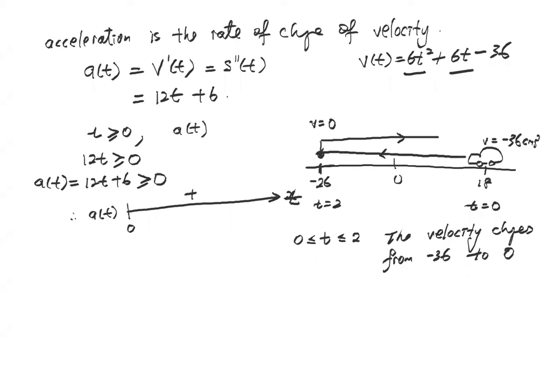So velocity is increasing. From negative 36, you go to negative 30, isn't it increasing, isn't it going up?